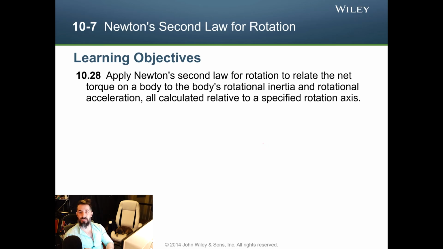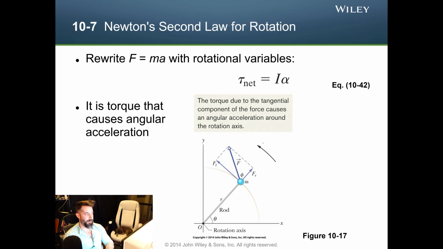Again, Newton's second law never stops coming up, right? So you have the net torque. The torque is the total amount of torque that's being applied. It could be applied at several different places, from several different things depending on the situation.